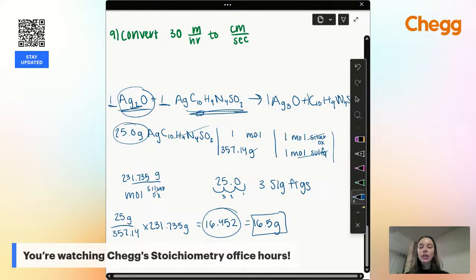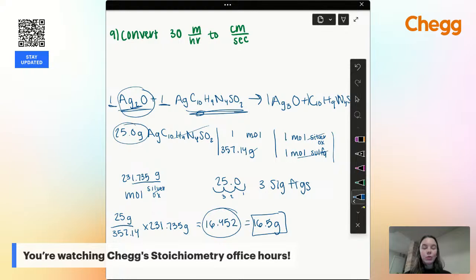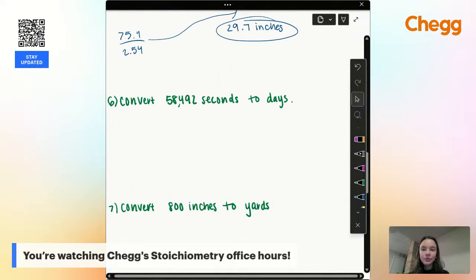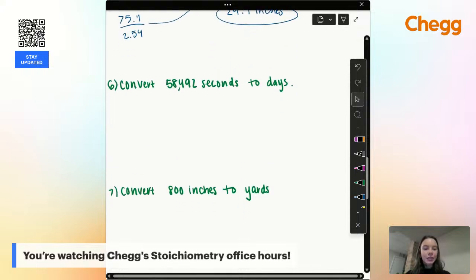Since we started with 3 sig figs, we want to end with 3 sig figs in our answer, and that's what I mean by an equivalent number. Does that make more sense? Keep asking those questions.